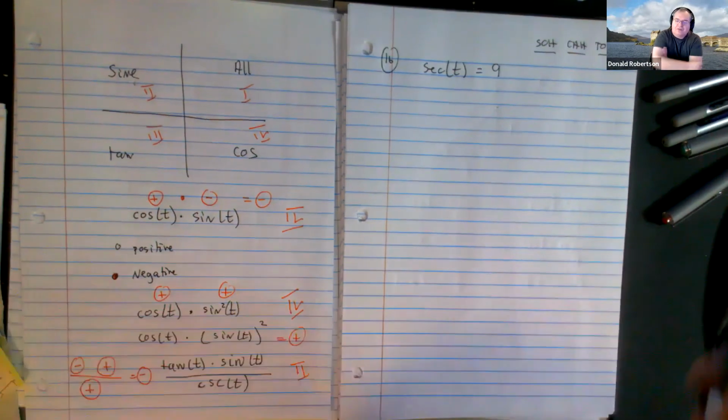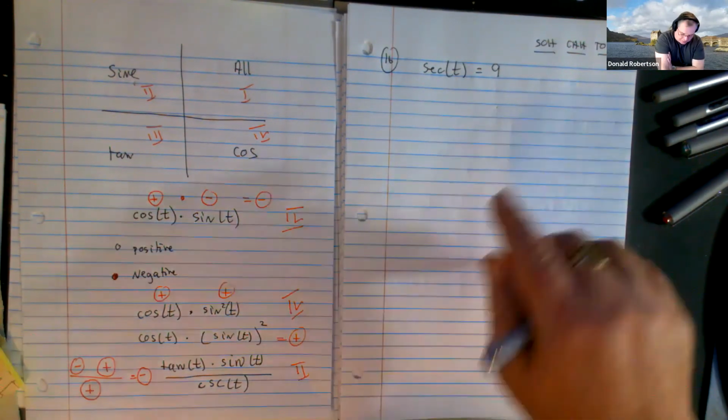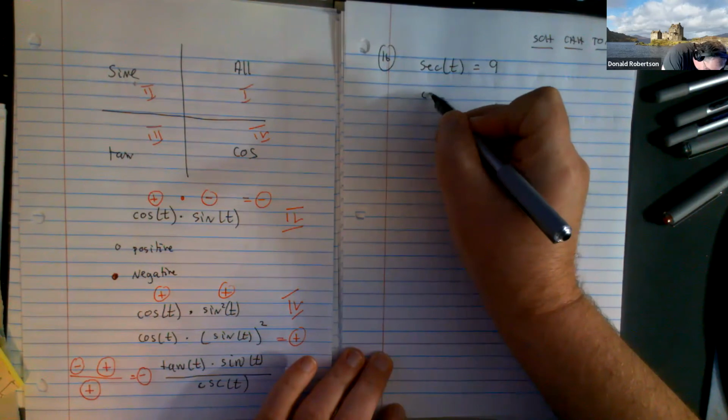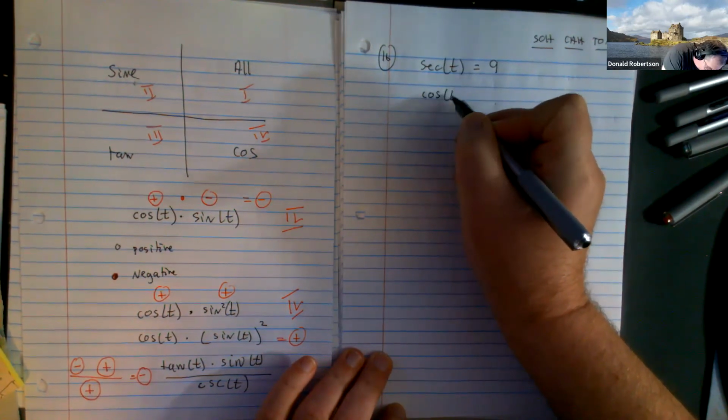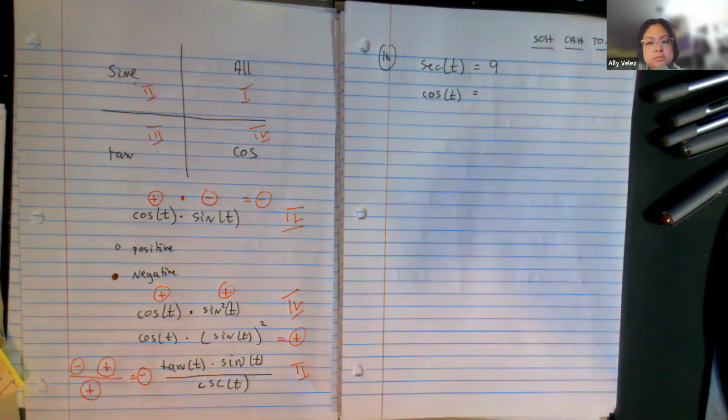Well, the secant of t isn't really designed for SOHCAHTOA because there isn't a secant in here. It's sines, cosines, and tangents. But I do know a property. If the secant is 9, what's the cosine? 1/9.